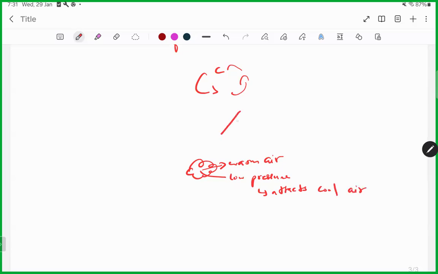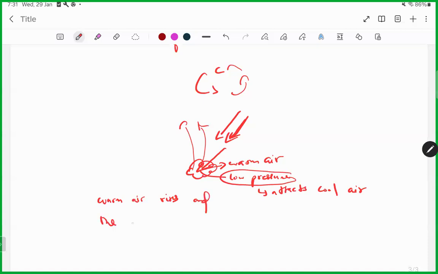So as it travels from high pressure to low pressure, the warm air rises and the cool air rushes in to fill the void.